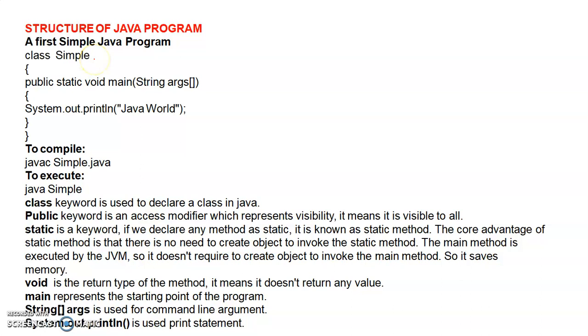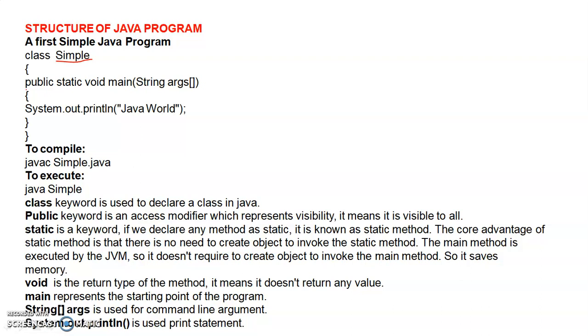Next thing is the structure of a Java program. In a simple Java program, we create the class. The class name is Simple. After opening the class, we have to declare the main method.